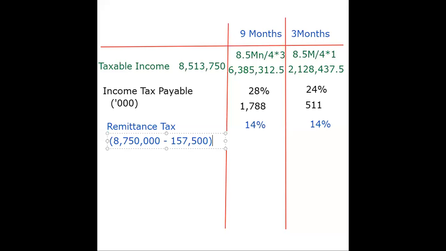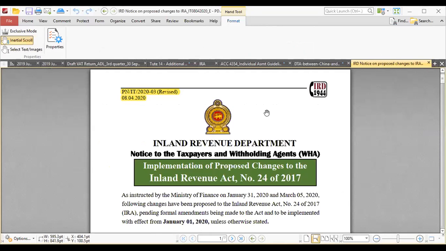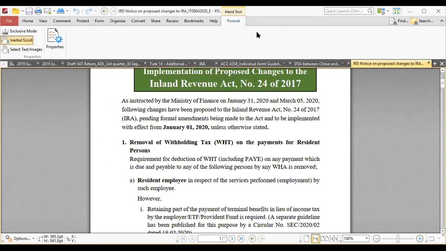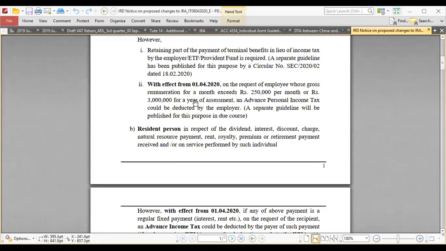Yeah. Then let me share the new proposal as well with you. Can you see the screen, the proposal? Yes, sir.